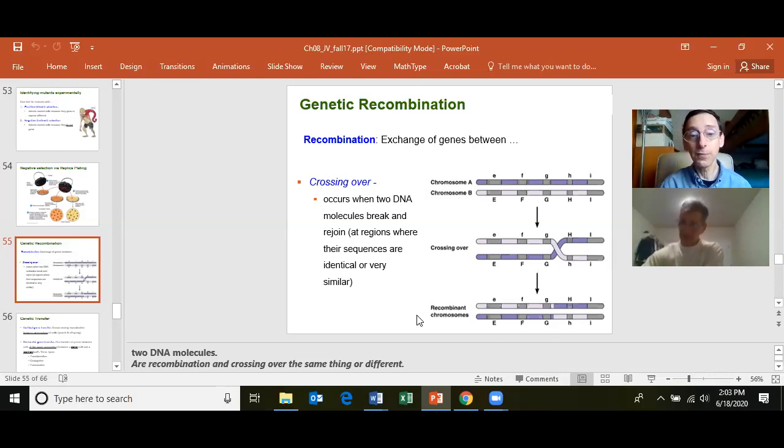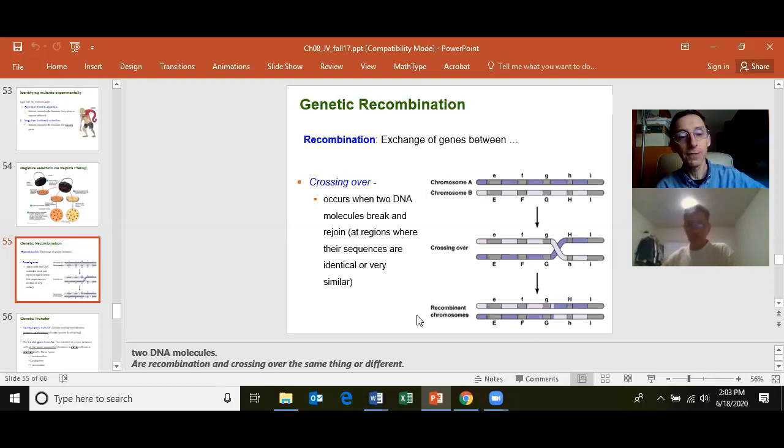So recombination, all it does is it mixes the genes around in the population so that they can be expressed in new combinations. Any question about that? No questions? Then I'll ask you a question.